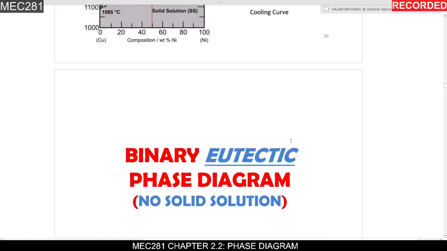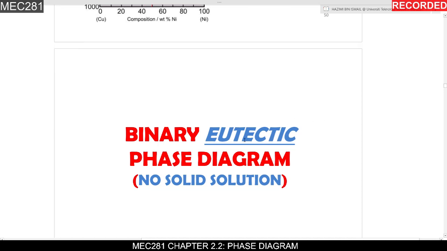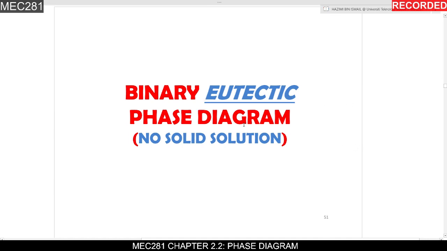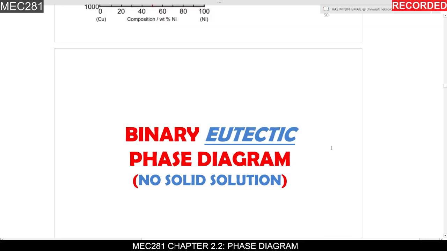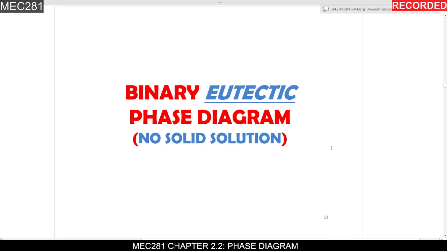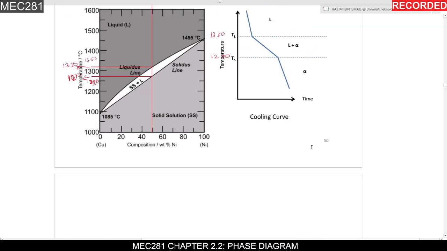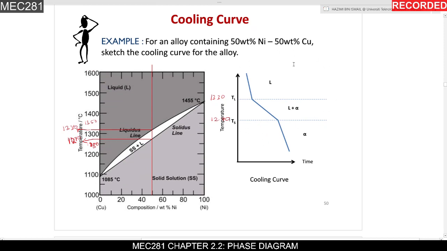Okay, so tadi adalah isomorphous phase diagram where we have the complete solid solution, and now we have the second type. We call it eutectic phase diagram, no solid solution. Okay, so saya rasa kita buat video lain sebab ni dah panjang dah, takut pening. So we are going to end this video only at this slide.